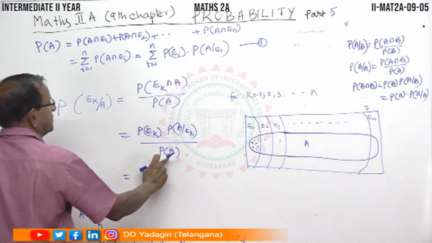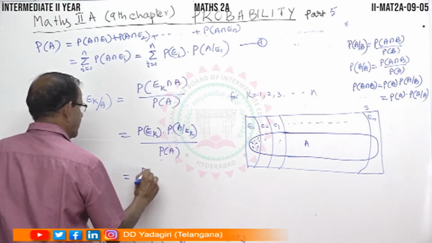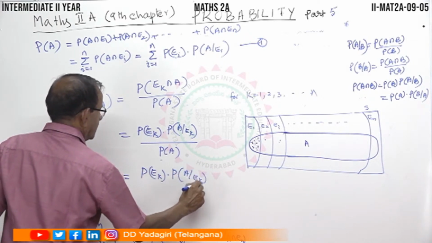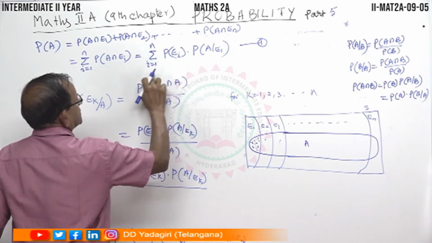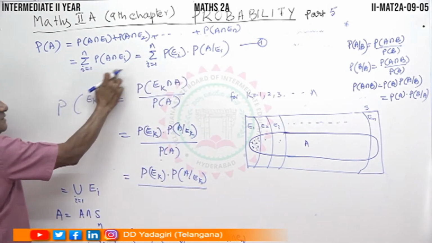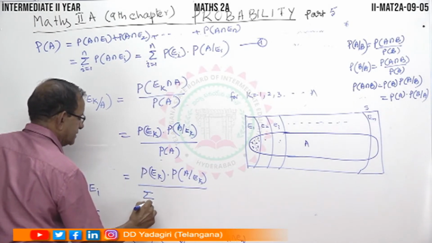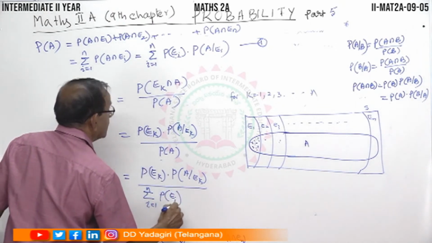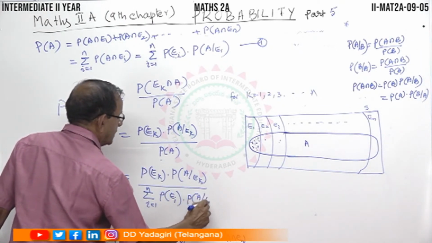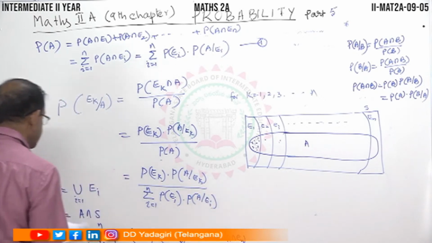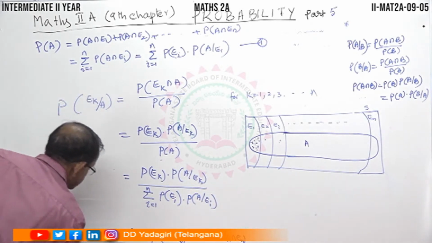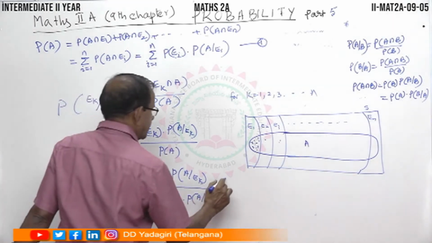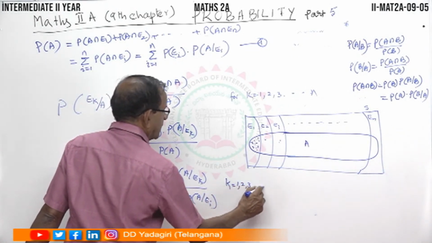In place of P of A, I have to write this value: P of Ek into P of A given Ek, by P of A. The value of P of A I write from this one: the sum over i equal to 1 to n of P of Ei into P of A given Ei. So that is the value of P of Ek given A. But here you have to write k is equal to 1, 2, 3 up to n.